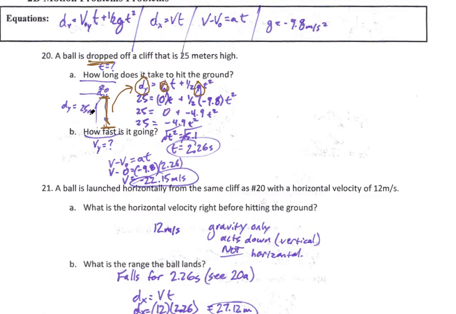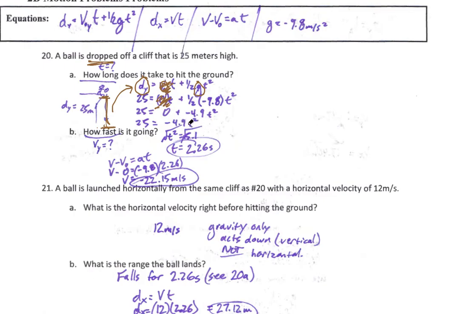We know that our distance in the y direction is 25. Our initial velocity is 0, so this whole part of the formula we really don't even need because it's going to be 0 anyway, since 0 times a variable is also 0. 1/2 times negative 9.8, you probably have memorized by now accidentally, negative 4.9 times t squared. So we end up with 25 equals negative 4.9 times t squared.